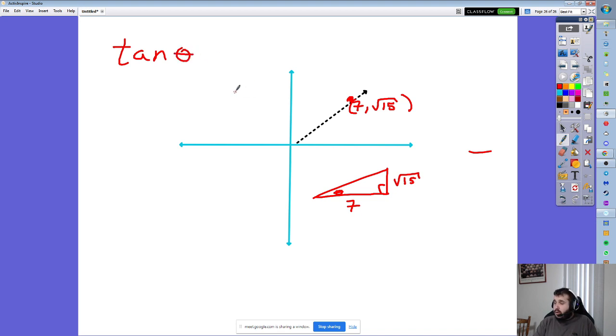So why do we not need to find the hypotenuse? What is tangent? Yeah, exactly. Opposite over adjacent. And we already have those. We already have opposite. We already have adjacent. So it's just radical 15 over 7.